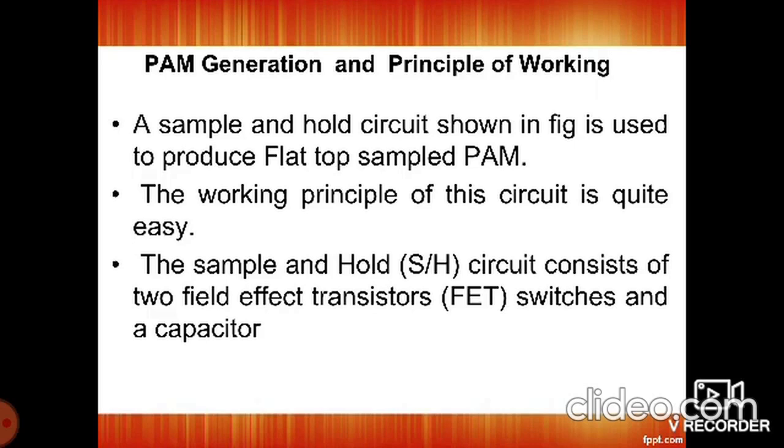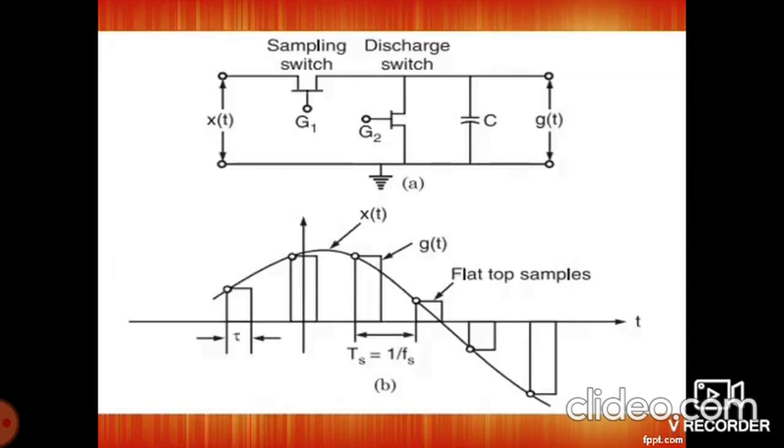To maintain this, a sample and hold circuit is used to produce flat top pulses. The working principle of the circuit is very simple. The circuit has a sample and hold circuit which uses FET amplifiers, field effect transistors, G1 and G2. These FET circuits are used for maintaining the sample and hold part.